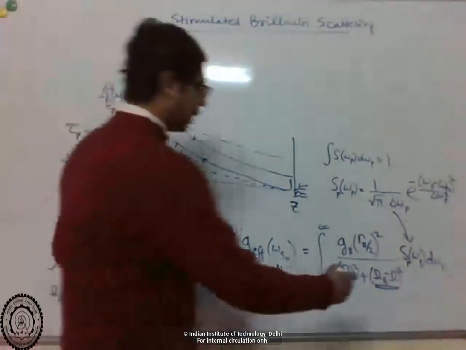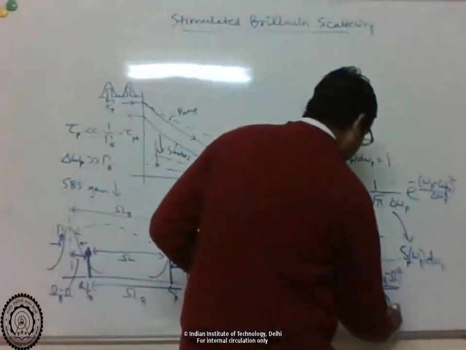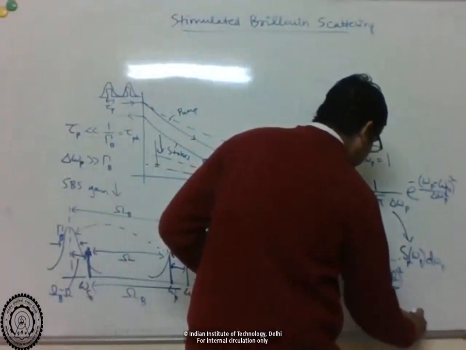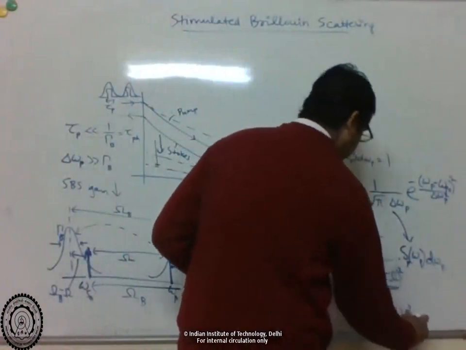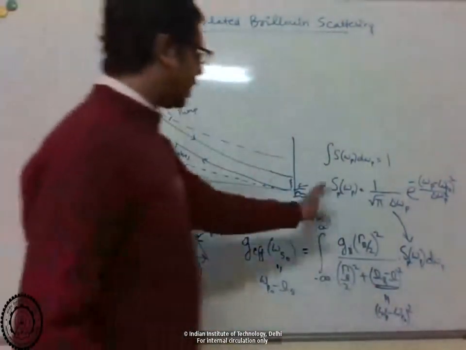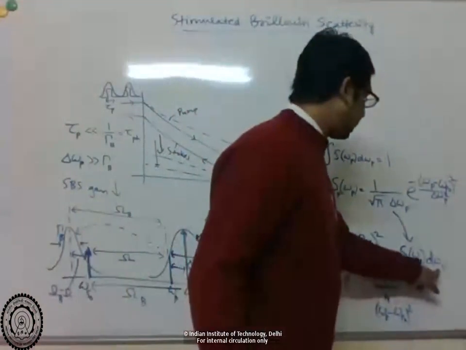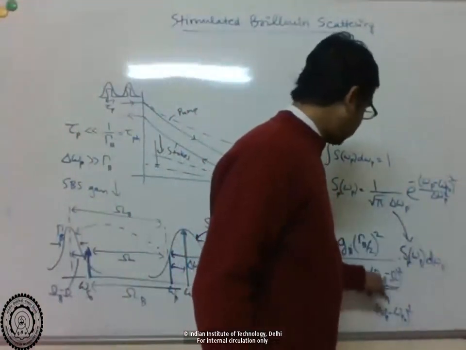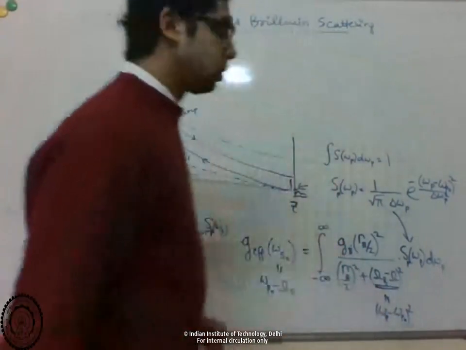So I can also just write this as omega p minus omega p naught, because I want to convert the integral in terms of omega p, since I am integrating over omega p.